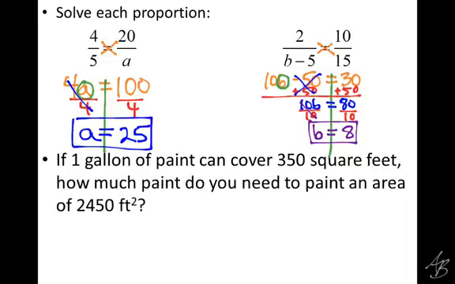Last one here, we're going to have to set up a proportion to solve for this one. So we're given some information. On the test, I'll tell you right now, this is going to be in a section that says proportion word problem. So you're going to know what kind of problem it is. We're not going to make you try to figure it out. But you do need to do a few things when we have these word problems with proportions.